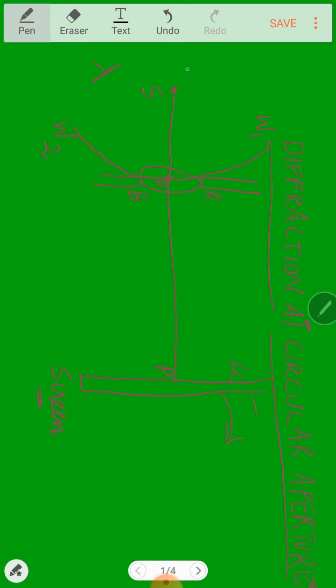If we observe the screen from this side, the pattern obtained will be like this: alternate dark and bright bands. This P can be either bright or dark, and that depends upon the distance OP.